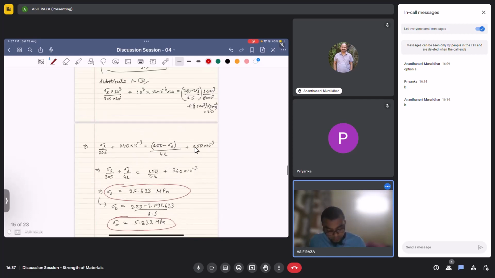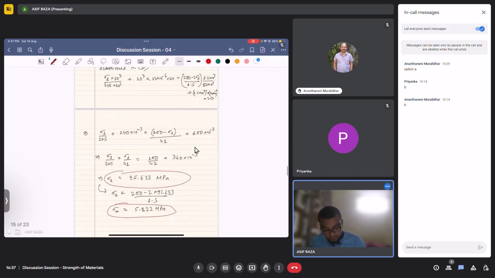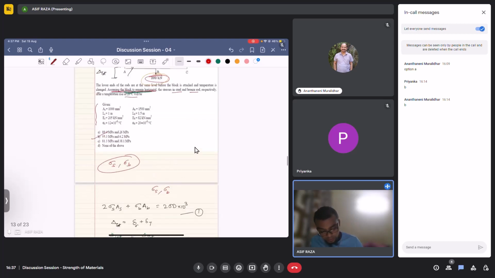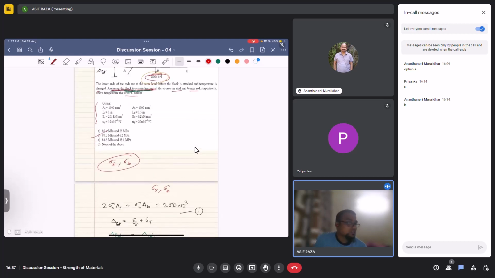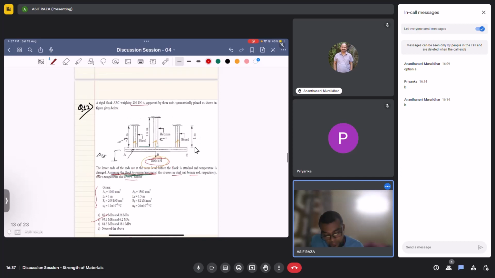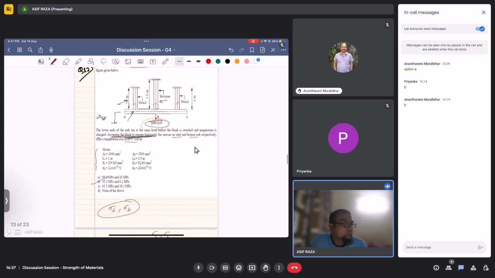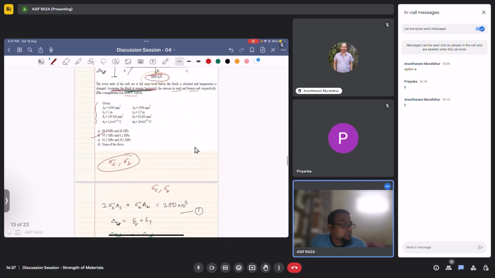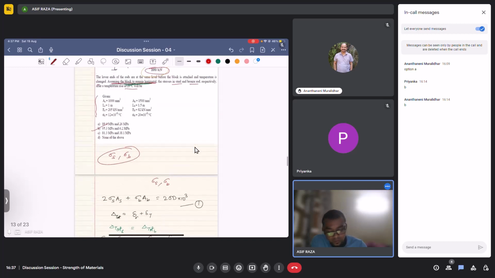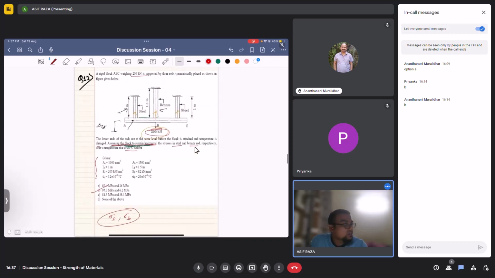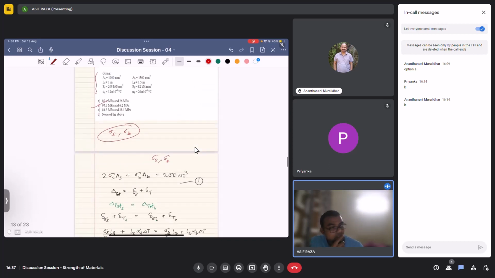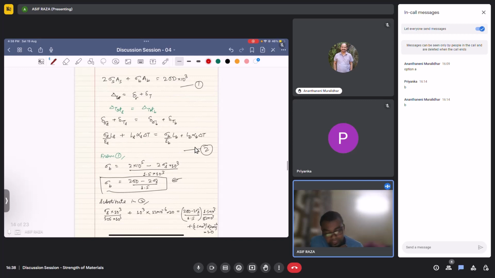Okay, so there could be some round-off error associated with this. So our answer is closer to option B. I hope you got the idea of what the extra equation is that we are getting. One equation comes from the force balance, balancing the forces in the steel and in the branch with the external load applied, and the other is from strain compatibility.